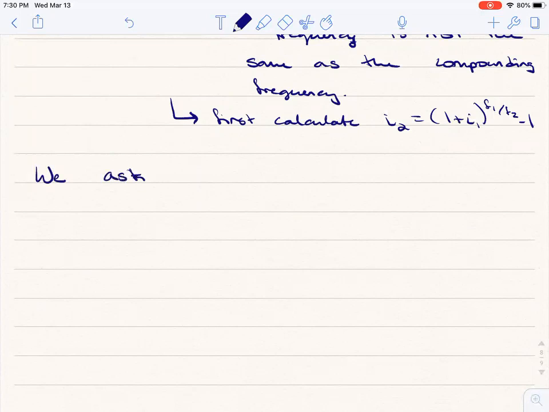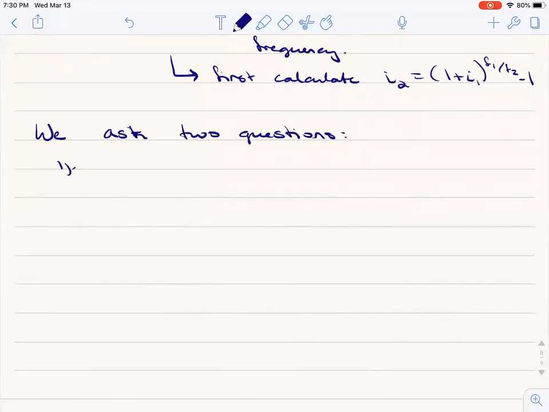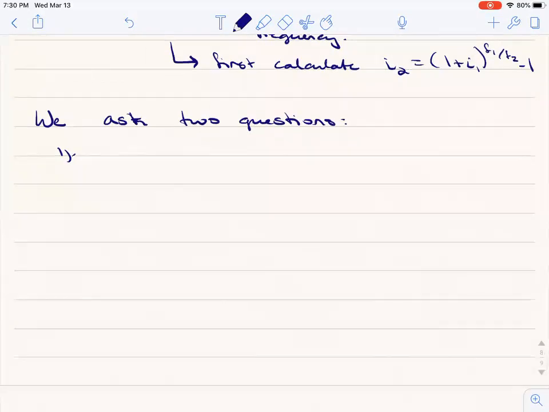We ask 2 questions. If we're reading an annuity question, we have to ask these 2 questions, and that'll help us figure out what type of question we have here. When are payments made?